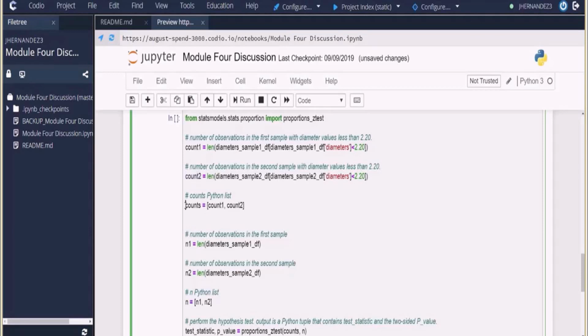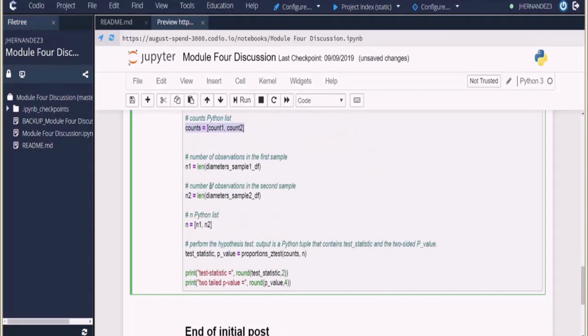We put that into a list called counts, and then we calculate the number of observations in the first and then the second sample, N1 and N2. We put that in a list called N, and then we use proportions z-test with the inputs counts and N, the 2 lists that we created here, and we get our test statistic and the p-value.